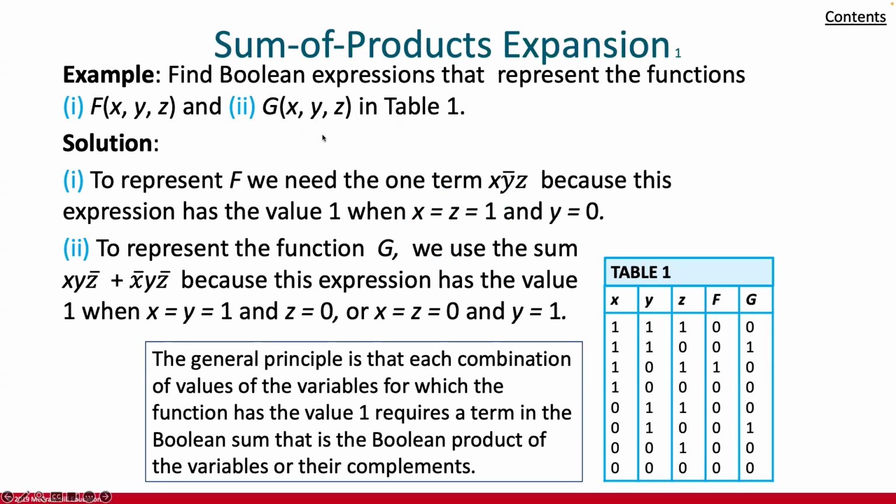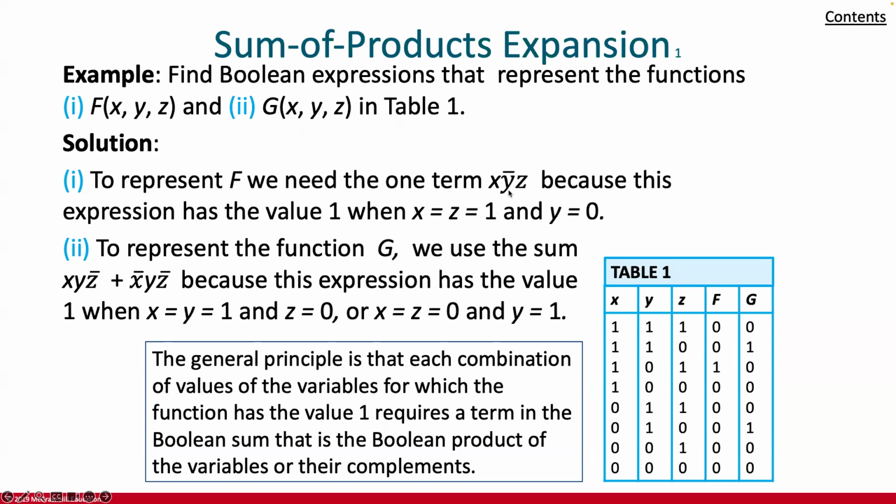So here's an example. Find the Boolean expression that represents the functions f of x, y, z and g of x, y, z that are listed here in the table. So now we're going the opposite direction where we're given the table, and now we want to be finding these expressions.